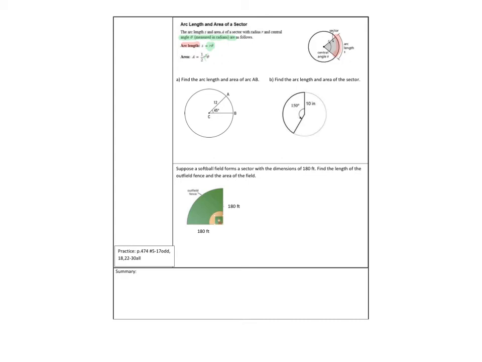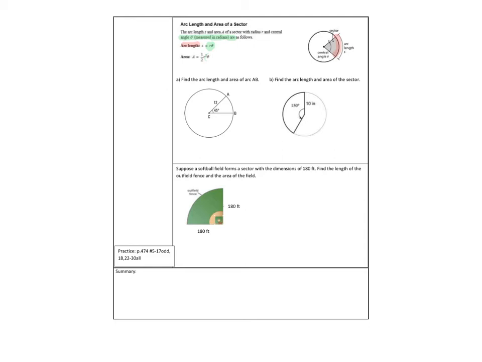Here we go. We're going to find the arc length and area of arc AB. So you've got yourself a circle. The radius is 12. Our angle is 45 degrees. The first thing we want to do before we find the length or the area is to change our 45 degrees into radians.